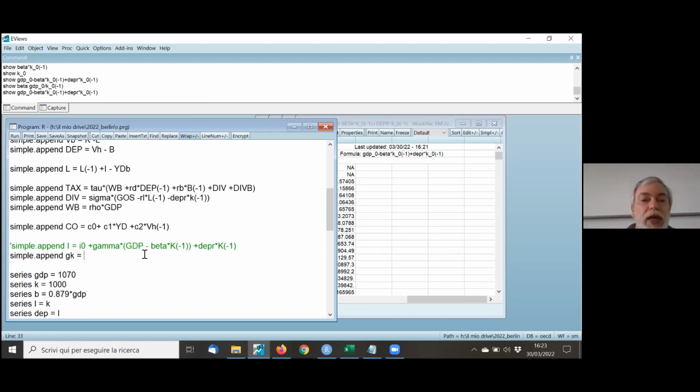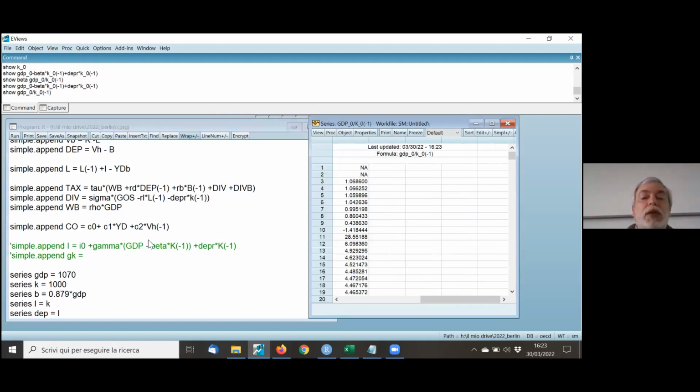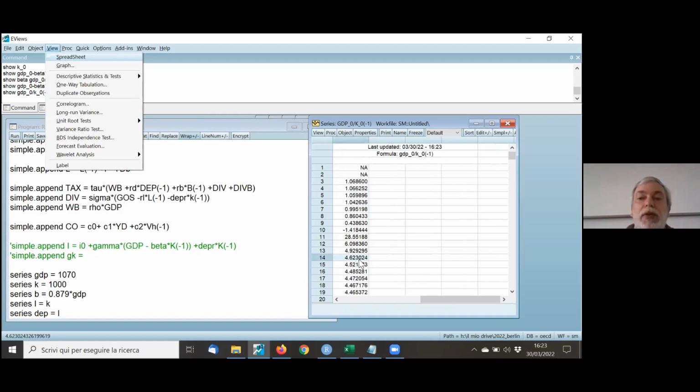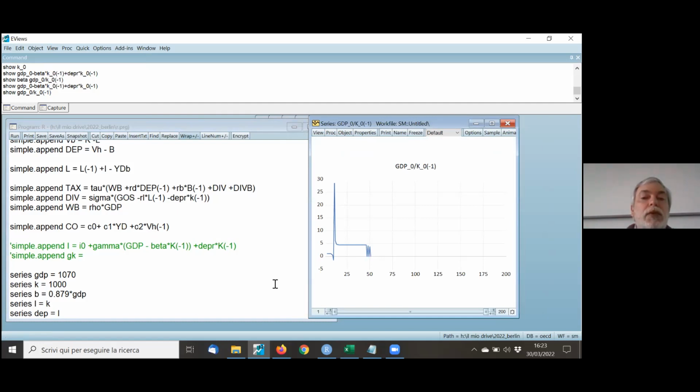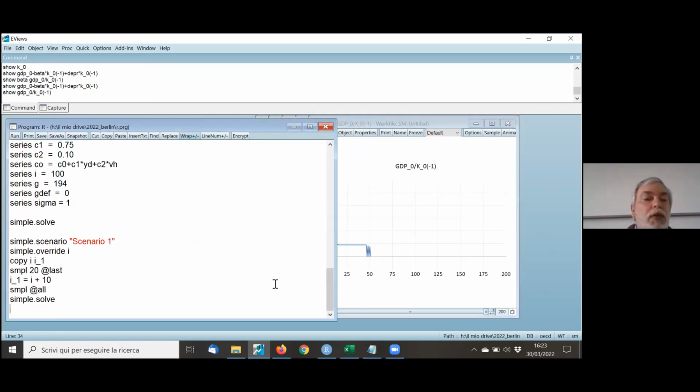So what if we have, sorry, let's go back to our solution with exogenous investment. Now I don't understand what's happening here. The short is there. Yeah, but this should not really matter.